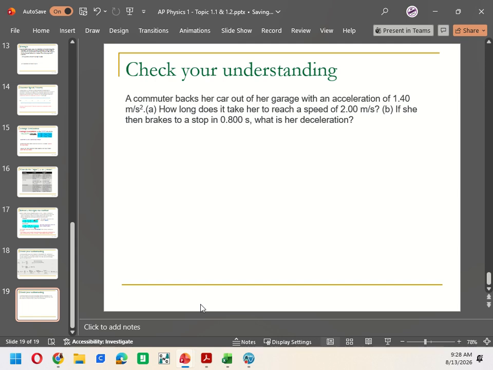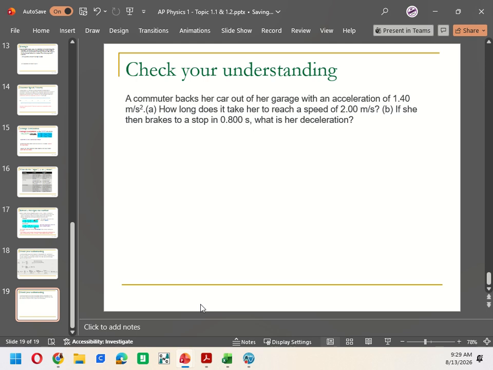How long does it take? So that means I'm looking for the t. That's important. How long does it take her to reach a speed of 2 meters per second? So that means my speed, v, is 2 meters per second.